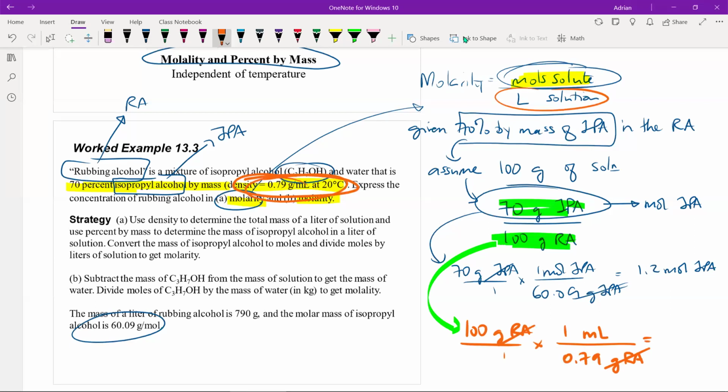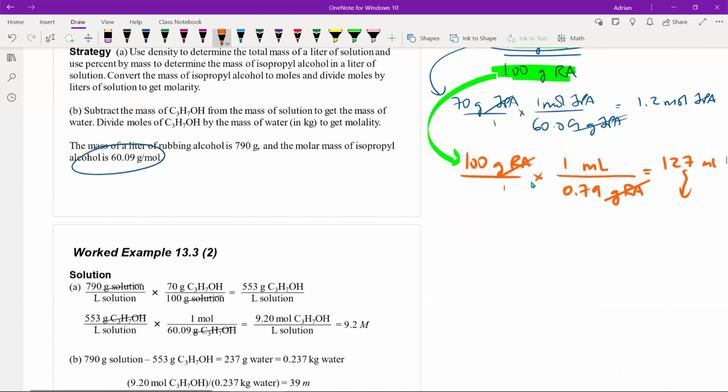So 100 divided by 0.79 gives, what is that, 127 mL. We need that in liters, right? We have liters in our denominator. So we divide by 1,000, that would be 0.127 liters of the rubbing alcohol solution. So we have both of those things to calculate molarity. So big M molarity will be the moles.